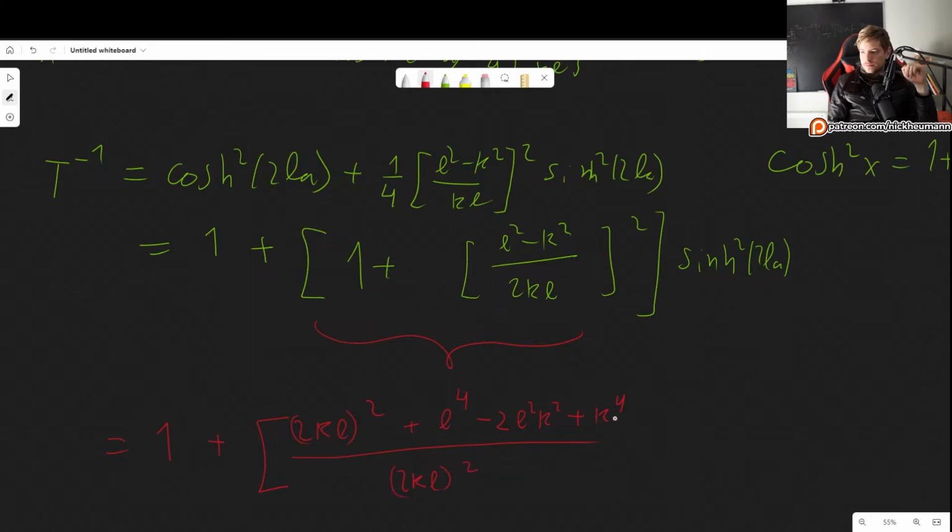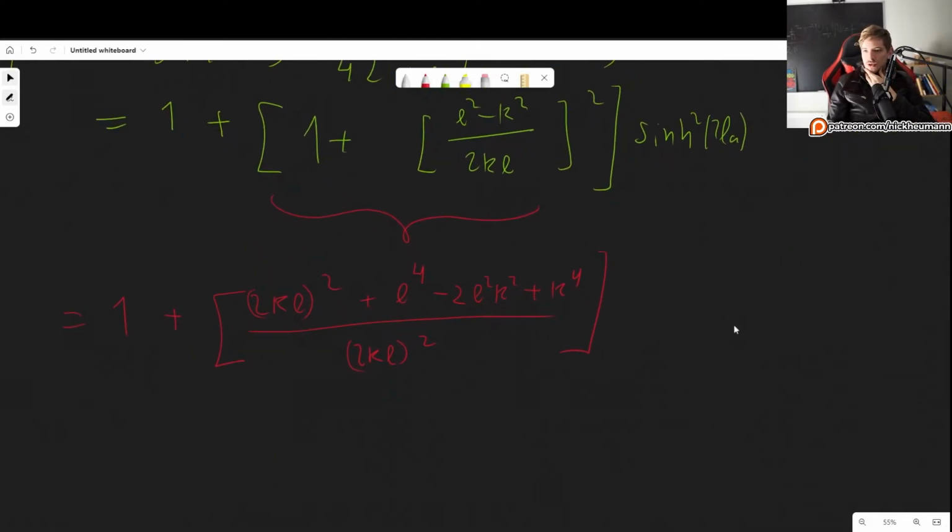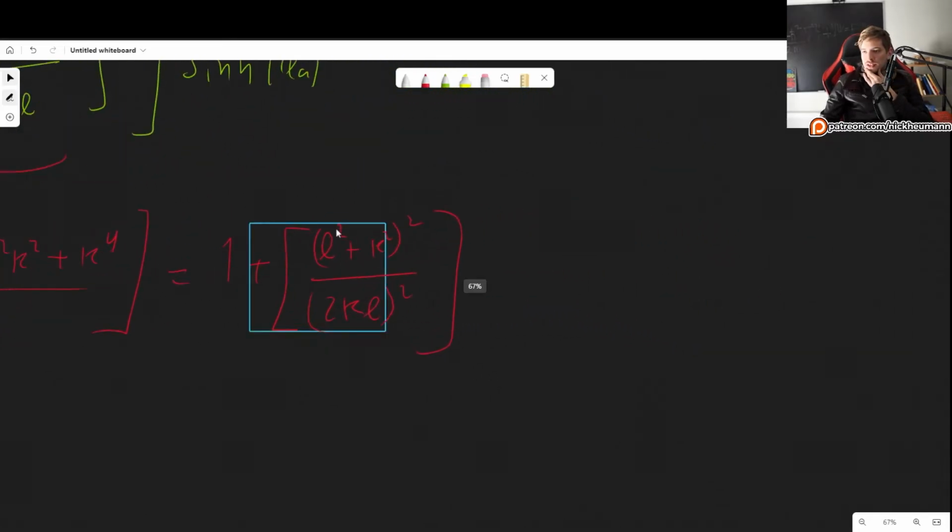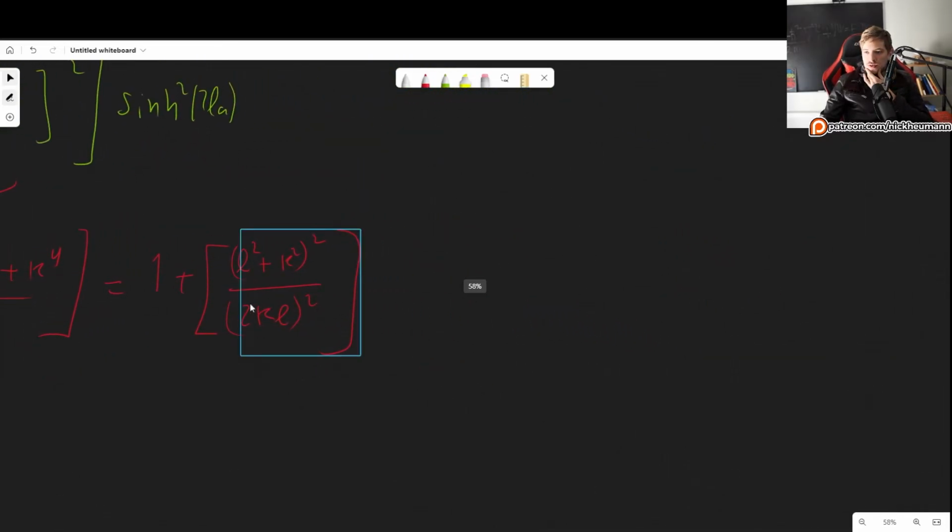Okay, now notice that if we add this and this, we end up with positive 2KL squared. And we can now repack this. We can refactor it as (L squared plus K squared) squared over (2KL) squared. So we made some progress, but we still need this L squared plus K squared and 2KL.